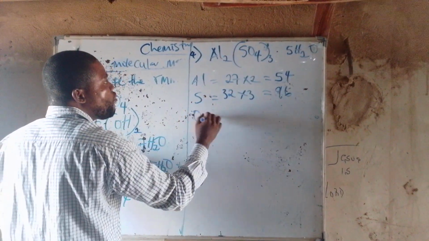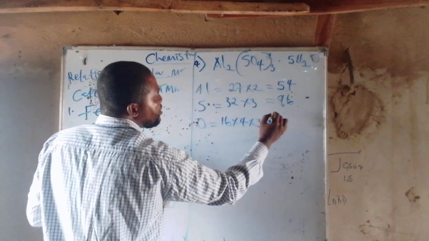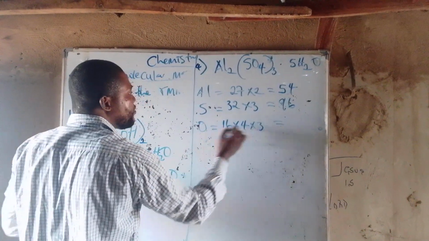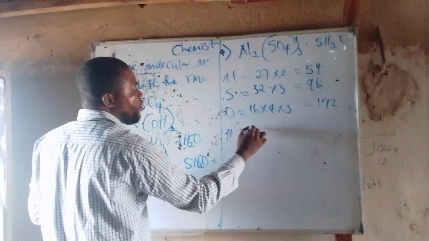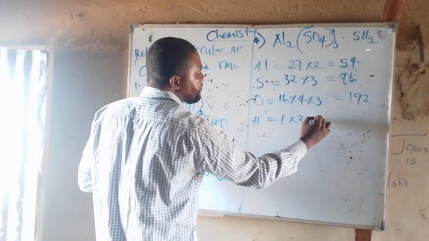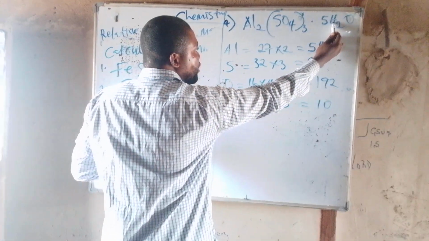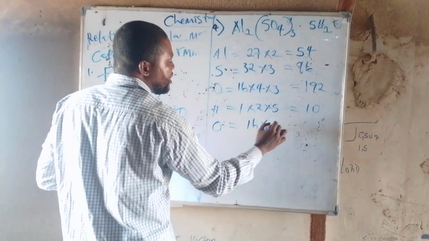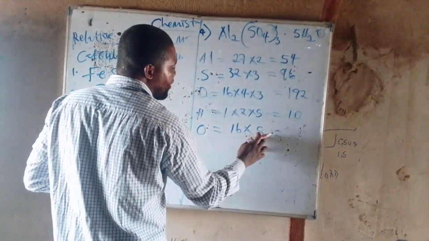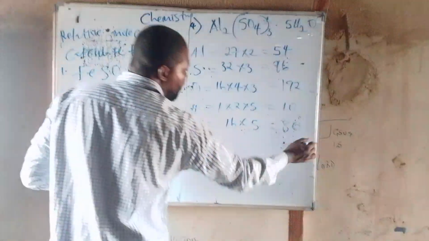Here I have O as 16 times 4 times 3, equal to 192. Therefore I have H: 1 times 2 times 5 is equal to 10, because this one is for H, 2 and 5. Therefore O is 16 times 5, which is 80 grams.